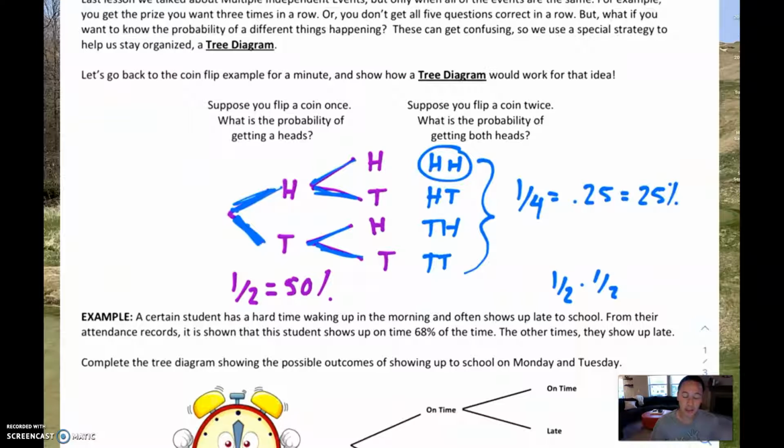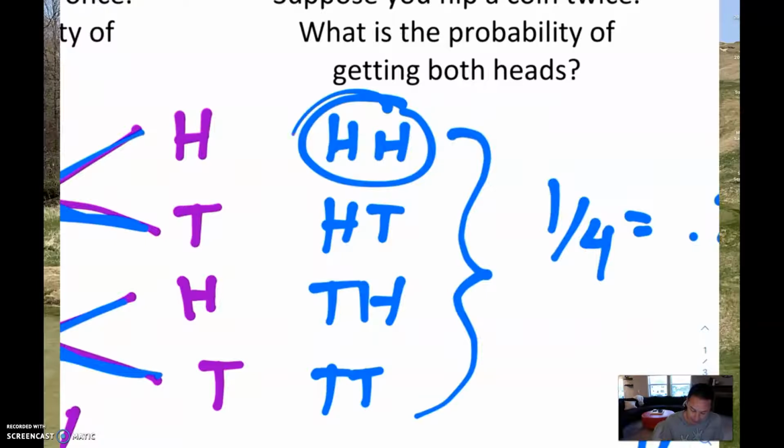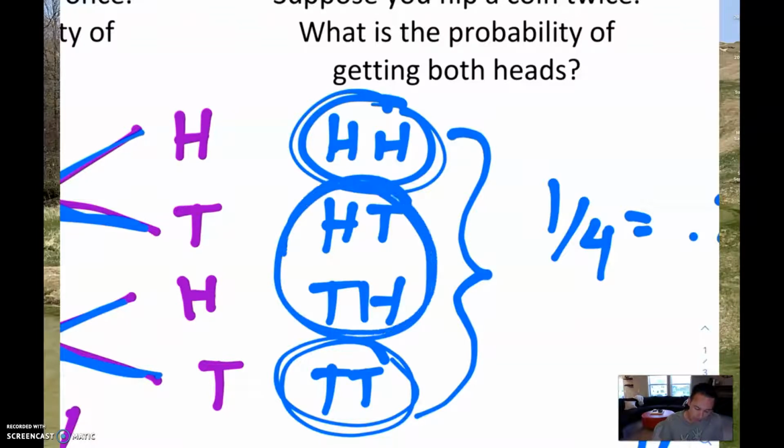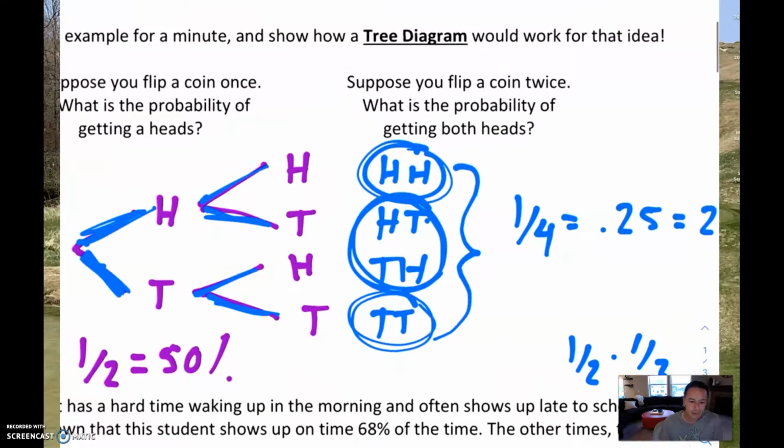So this is what a tree diagram does, it helps you visualize all of the possibilities. You could have gotten both heads, both tails, or one of each. If you're asked for the probability of one of each, you could take these probabilities and add them together.